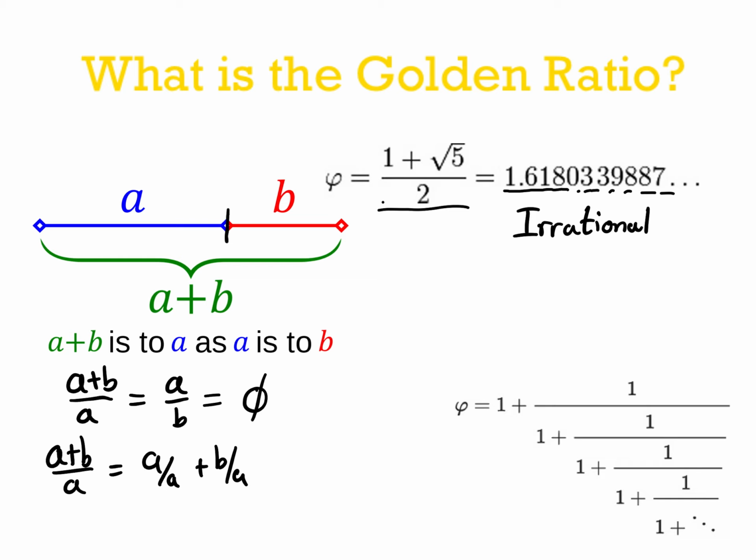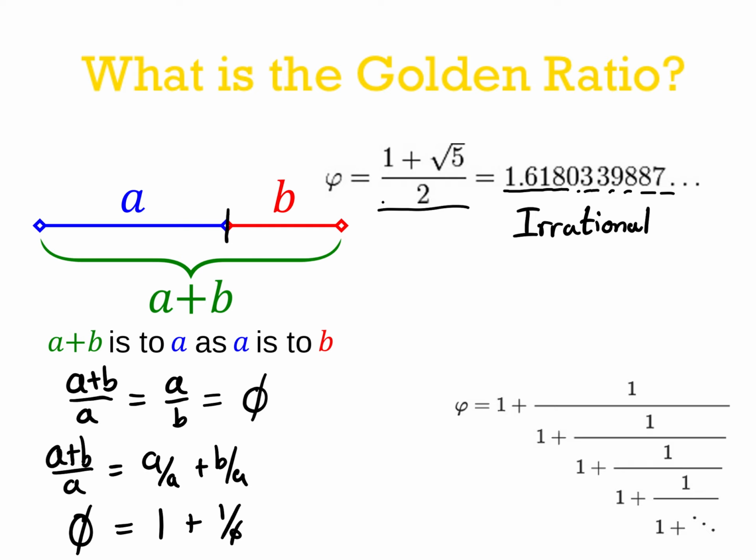So we have 1 plus 1 over phi is equal to A plus B over A. But what's A plus B over A? A plus B over A is the same thing as A over B, which is the same thing as phi. So we can define phi in terms of itself. Phi is equal to 1 plus 1 over phi.